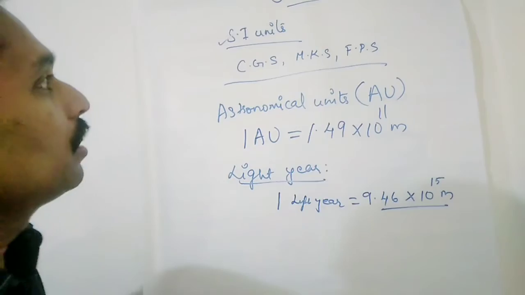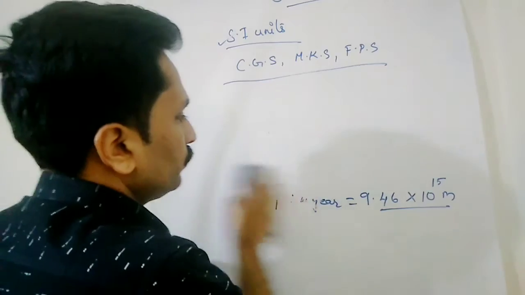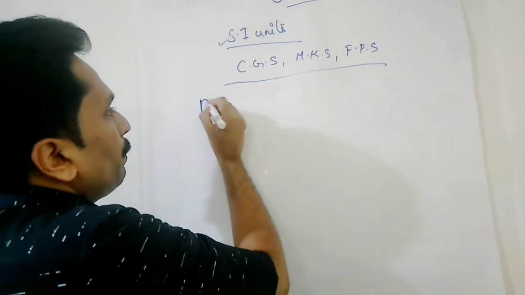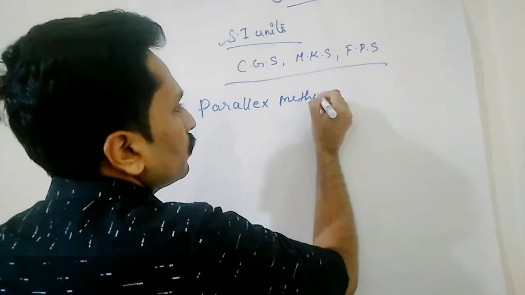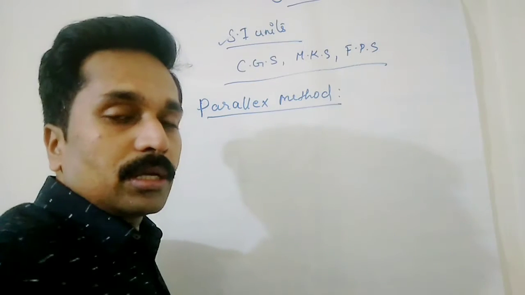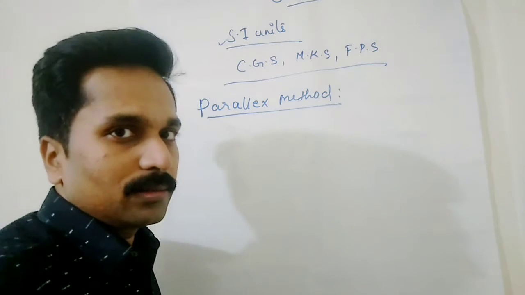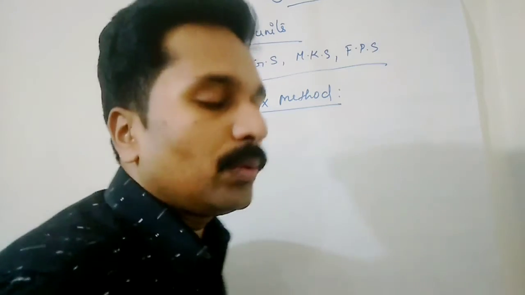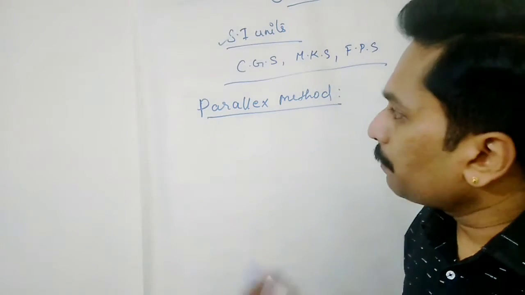Fine. Next is the parallax method. This method is used for finding the distance of stars and planets from Earth.